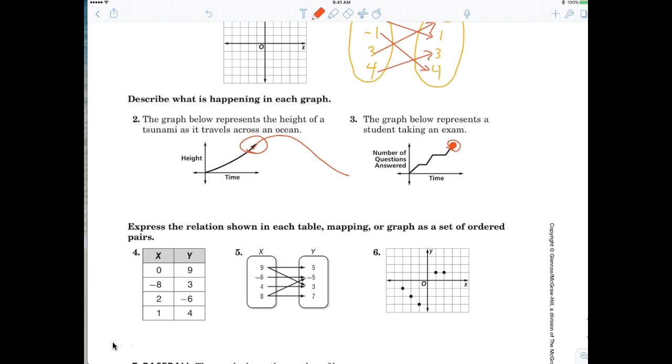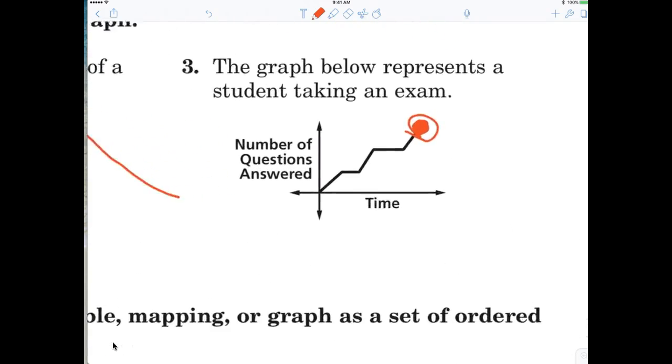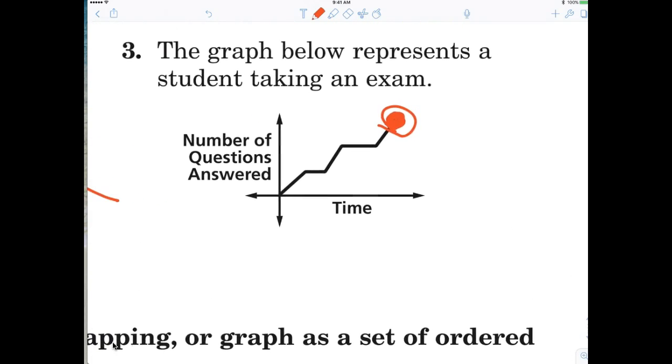You reached the last question. Now, if you wanted to talk about this real quick, because that's a theme of the new SATs, being able to describe graphs. In this particular problem, we could say, you know, you're answering questions, right? Then what happens here, though?